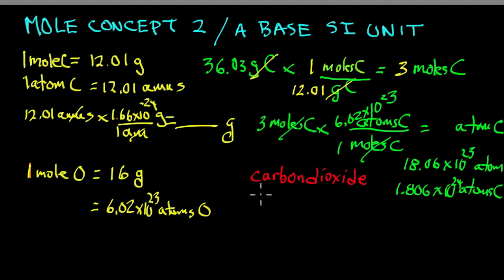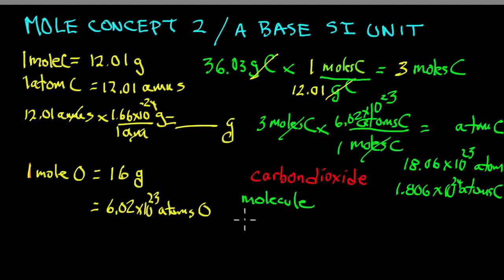Okay, let's play some games here. When we put carbon and oxygen together, we have what is called a molecule. This is two or more atoms chemically combined, bonded together.